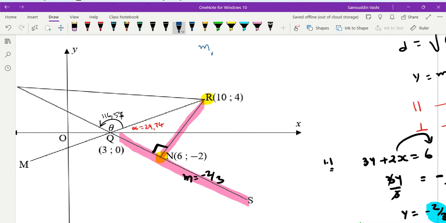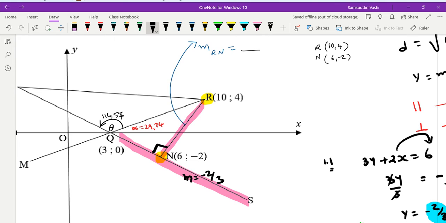Small m of RN is this gradient. The formula is y2 minus y1, that's R, that's N, (10, 4) and N is (6, -2).